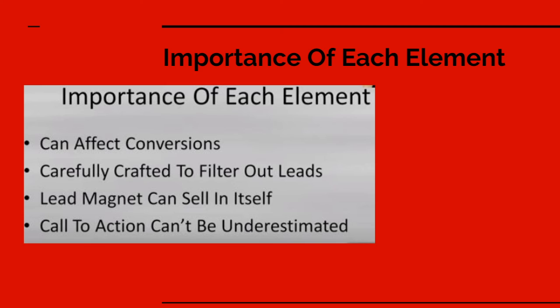You want people that, based on the niche you're in, the training you're providing relates to. The lead magnet can sell in itself. Within the lead magnet, there can be items that you recommend.